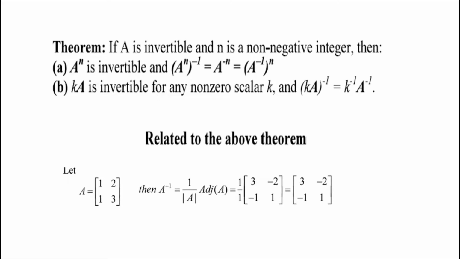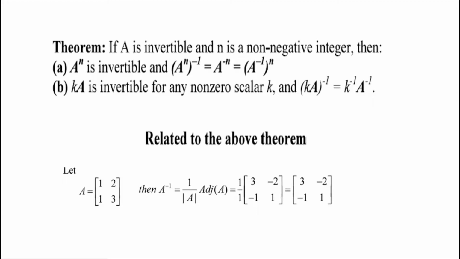This theorem states that if A is invertible and n is a non-negative integer, then A^n is invertible, and the inverse of A^n is equal to A raised to the power minus n, which can be written as (A inverse) whole power n.